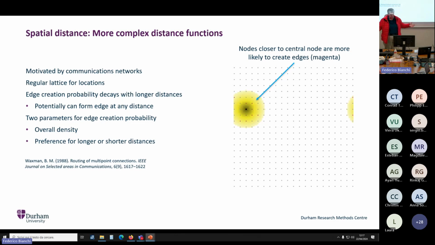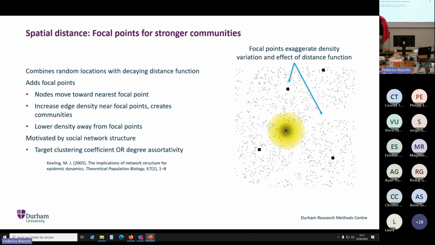Okay, so that's the opposite way: regular lattice, interesting distance function. This has two parameters: the overall density of edges, and also the preference, the weighting between long or short distances. It's a bit more complicated than that, but we'll pretend it does have two parameters.